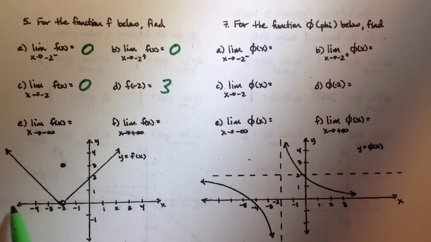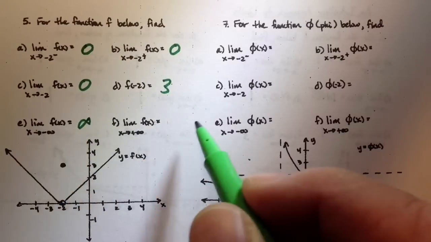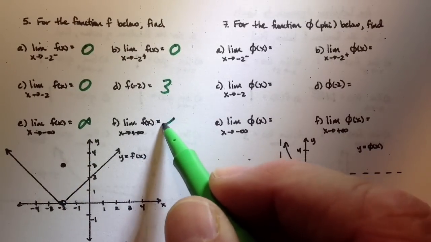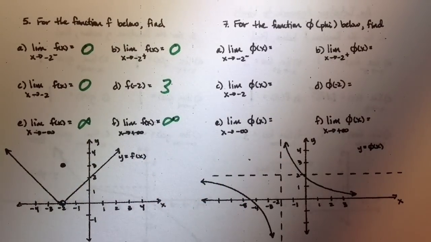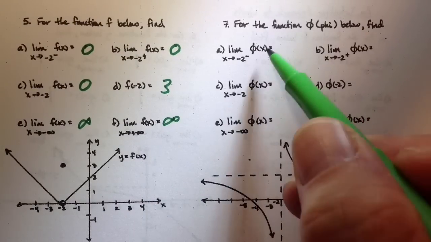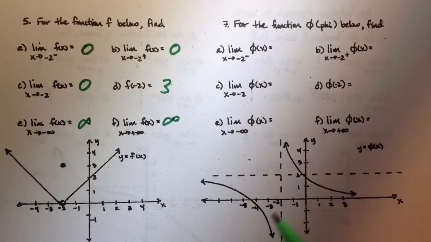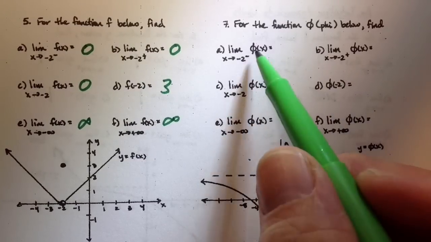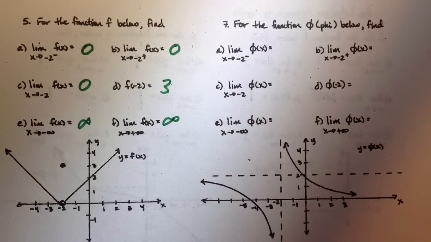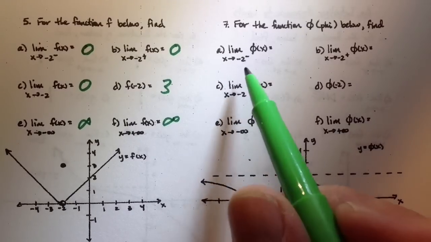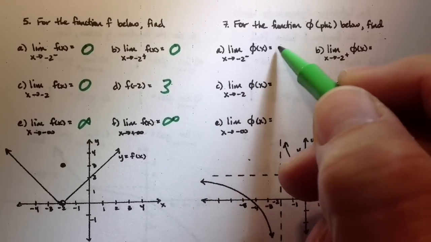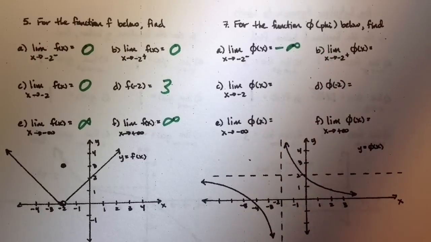X approaches negative infinity, y is approaching positive infinity, and same when x approaches positive infinity, y also approaches positive infinity. Okay, so this is a phi, that little Greek letter is a phi of x. It's not fong of x, it's phi of x. Anyway, x approaches negative 2 from the left, we can see that the y values are going down toward negative infinity.